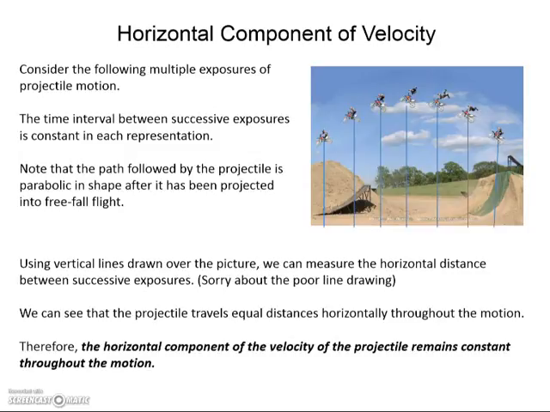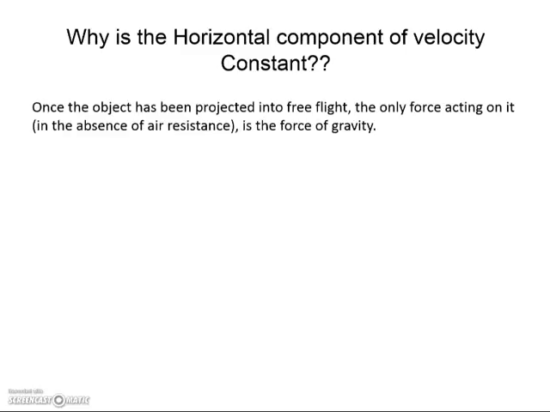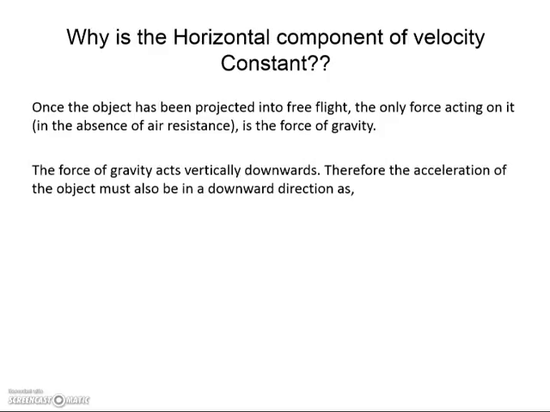So what that means is that the horizontal component of velocity of any projectile remains constant throughout the motion, and that's the same for any projectile that we'll come across. So why is it that it remains constant? Well, once an object has been projected, or once it's left the ground, the only force acting upon it, and remember we don't really consider air resistance in this course, is going to be gravity.